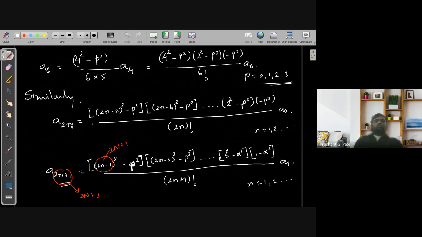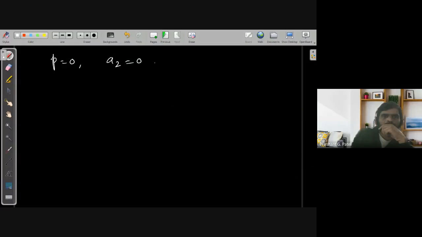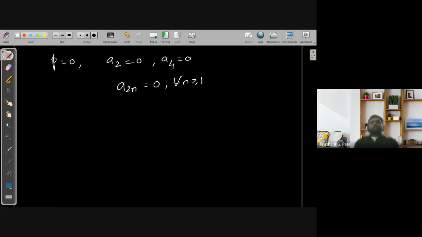If you substitute p as 0 now, what will be the value of a2? 0. What is a4? That is also 0, because a2 is 0, so a4 is 0, and so on. So in general, I can say a2n is 0 for every n greater than or equal to 1.